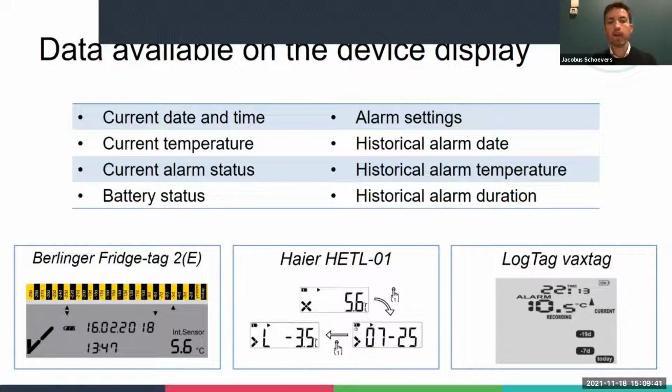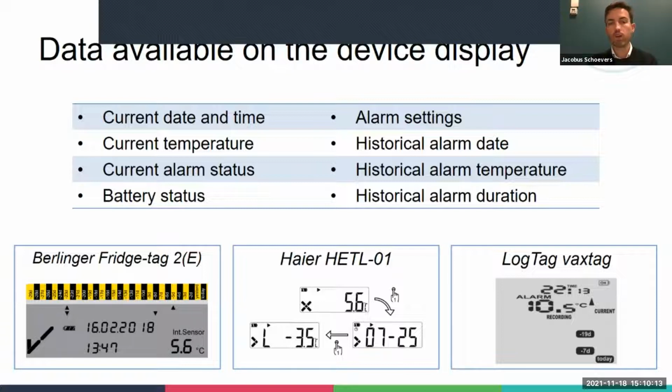So for the Hygro HETL01, this device has a simpler display that shows you less information, but you can basically access all the same information by sequentially clicking on the one button that is on the device. And this is what that little graph is aiming to show you. For instance, if you are on the normal displayed screen, you can see the overall alarm status shown by a little X on the screen there.